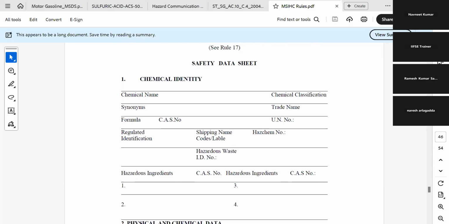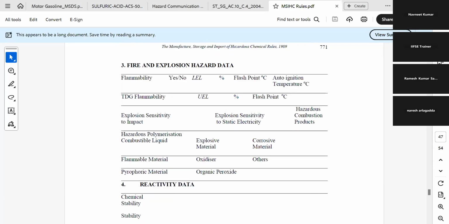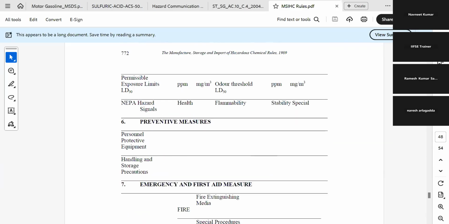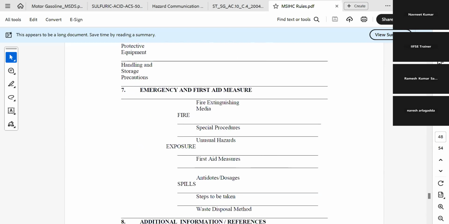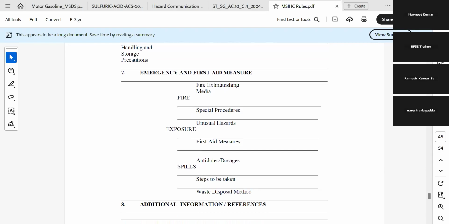So here we have chemical identity, physical and chemical data, then fire and explosion data, health hazard data, preventive measures, emergency. Under emergency, we covered fire exposure and spills.